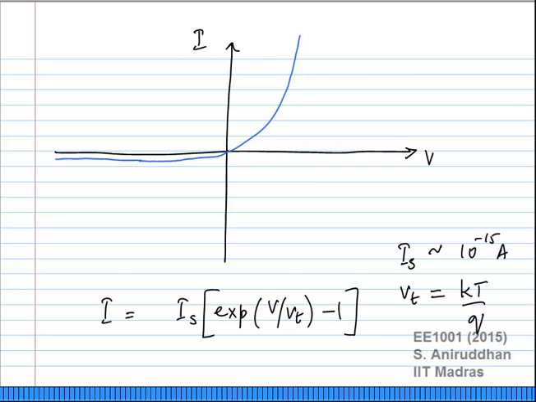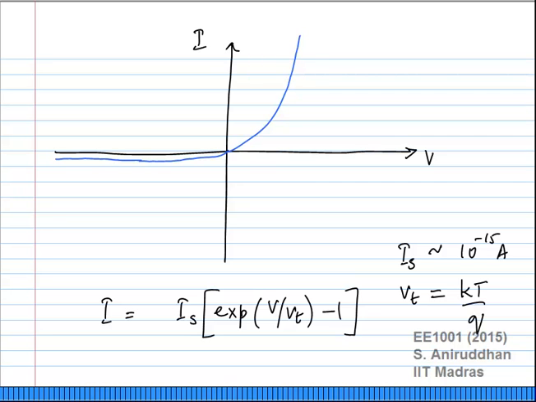And in cases where V by Vt is much larger than 1, what can you approximate this relationship by? Just a simple exponential. If V by Vt is much larger than 1, exponential V by Vt is also much larger than 1.